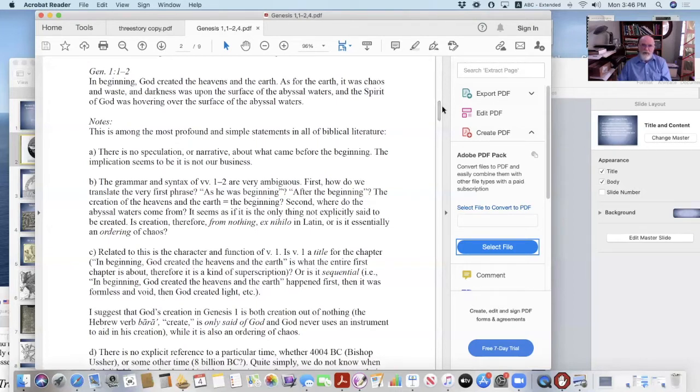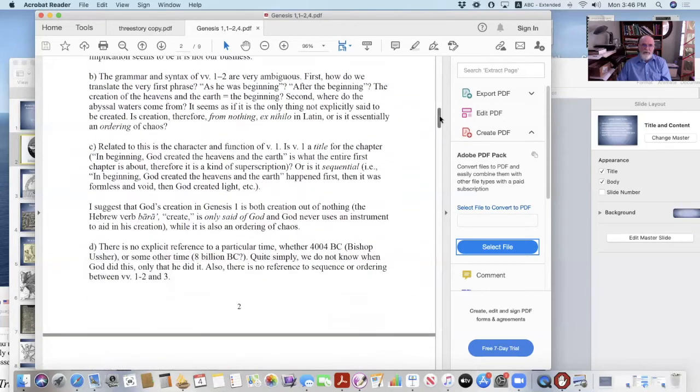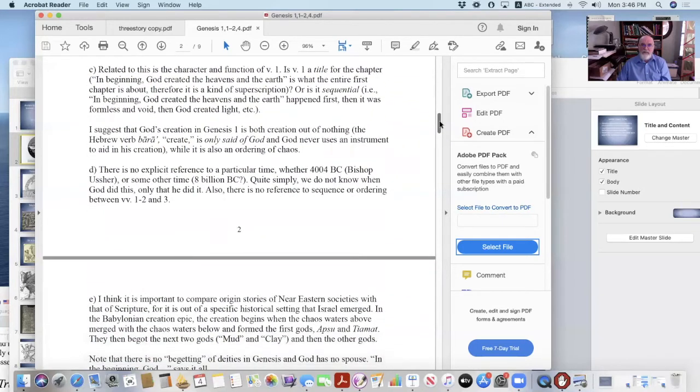There are a number of things we could take time for. Unfortunately, there is not a lot of time to spend on these. But I do want to say there is no explicit reference here to when God did this creative activity.